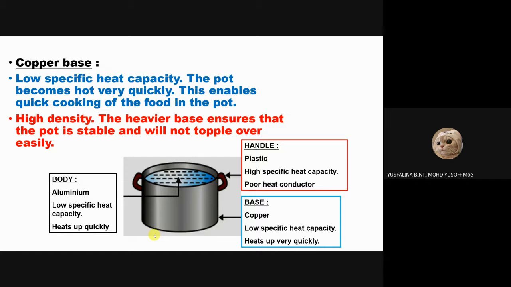The conductor, we already know, if you expose it to heat, it will heat up faster, so the conductor has low specific heat capacity. The insulator has high specific heat capacity, so that's why it heats up slowly. So that is the connection between the insulator and the conductor.